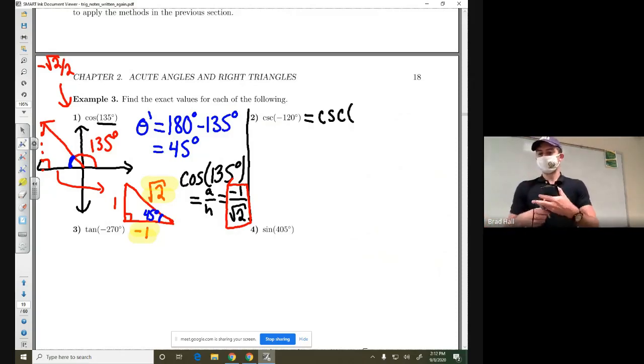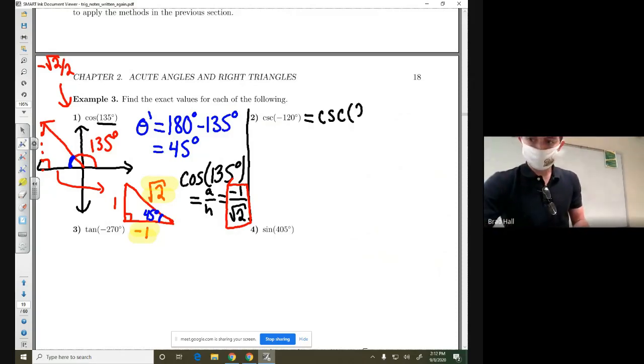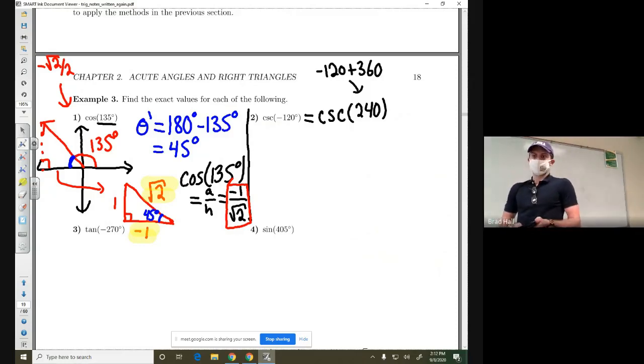What's that? 240. Yeah, 240. So just -120 plus 360. Now the angle is positive and it is less than 360. So that's a much easier angle to use.